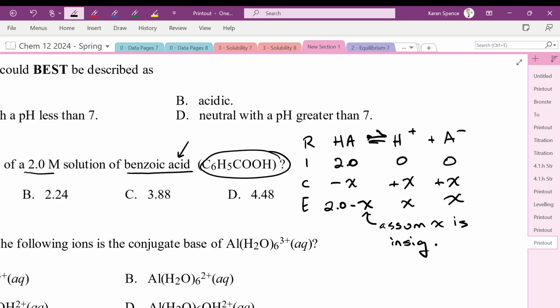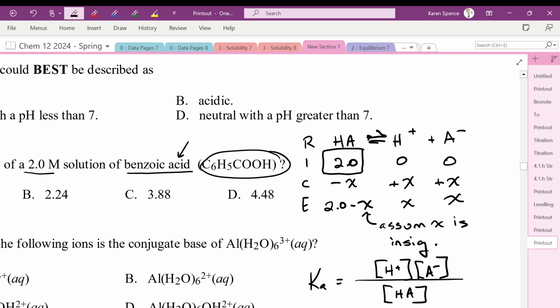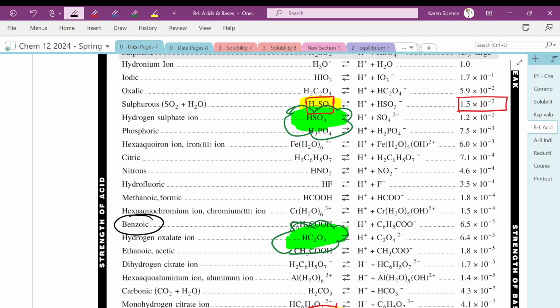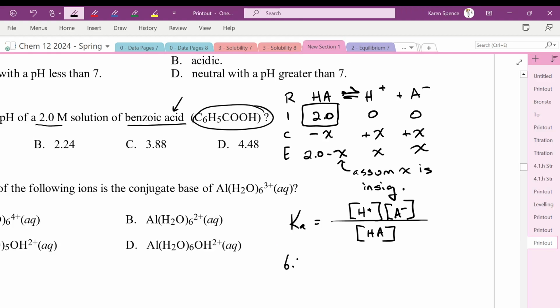If I can just know that I take my initial concentration of the acid and put it on the bottom of my Ka expression, and if I know that H and A are both equal to x, then as a shortcut, what I can do is say that my Ka value, which is 6.5 times 10 to the minus 5, is equal to x squared over 2.